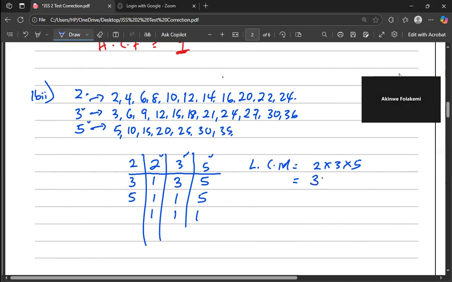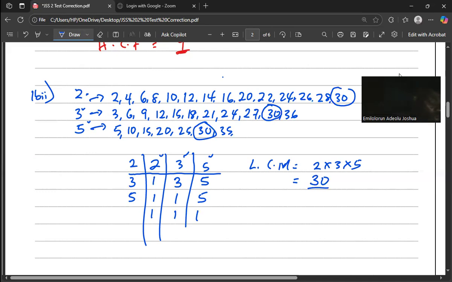Our answer is 30. 2 times 3 times 5, our answer is 30. Actually, if we had moved this one further, we would have gotten 26, 28, and 30. And mind you, you have 30 here, 30 here, and also 30 here. So that makes it the least common multiple of 2, 5, and 3.